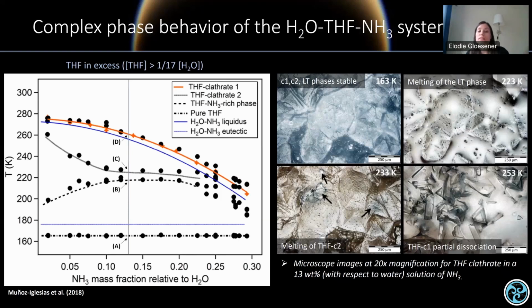And when you continue to increase the temperature, the partial dissociation of THF C1 is going to be initiated. And here on the bottom right picture at 253 Kelvin, you can see that they are in equilibrium with the liquid phase. So we investigated further these three different phases with Raman spectroscopy and X-ray diffraction experiment. And I'm going to present you that now.